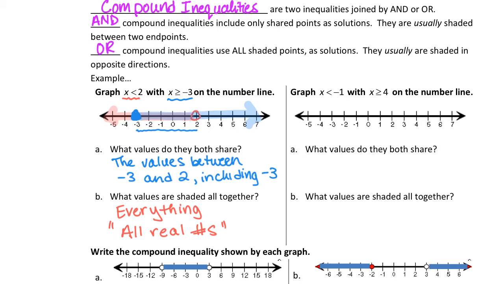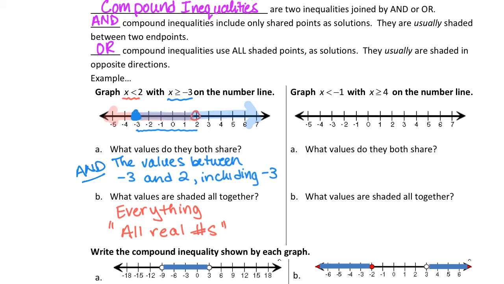The difference between these two questions is that the first question asks what values they both share. So it's everything below 2 and above -3. That's AND. The second one asks what values are shaded all together.